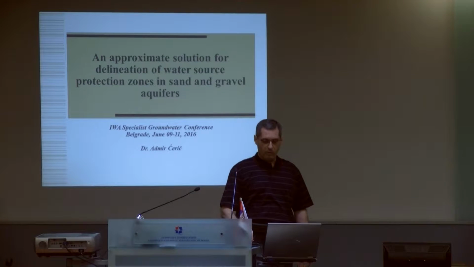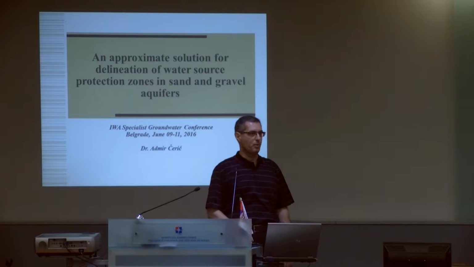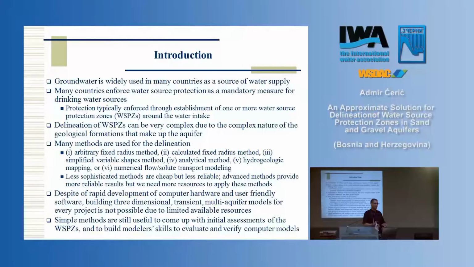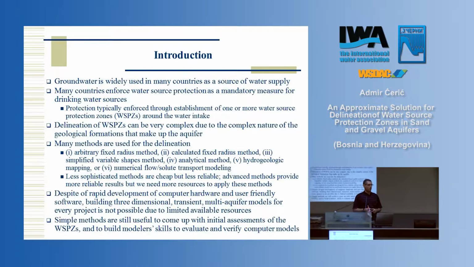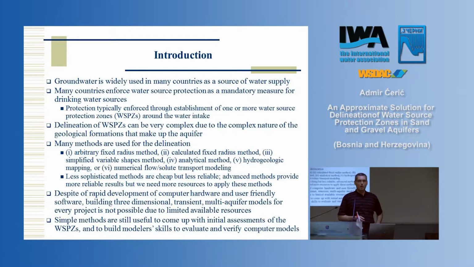So basically the question is why water source protection zones and why simplified techniques? As you all probably know, groundwater is widely used for the water supply, and due to increasing water demand over time and also due to increasing pollution of water resources, many countries nowadays enforce water source protection zones around the wells.